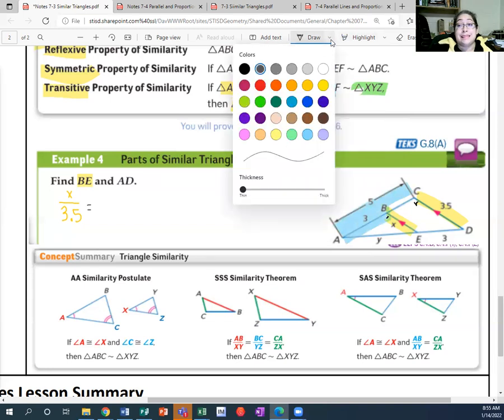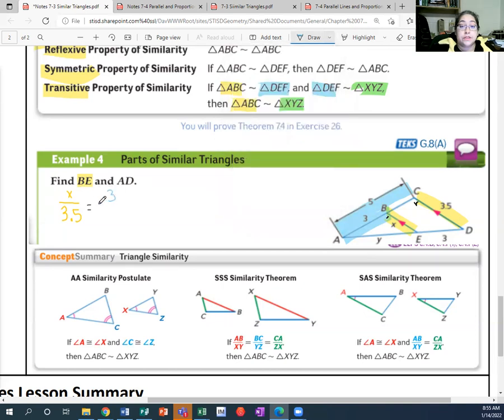So that's going to be the easy one for me to write. On this fraction, I did the small triangle on top, so for this fraction, I'm going to put the small triangle on top. And this looks familiar from last class session, yes? It's a proportion, cross multiply and solve.